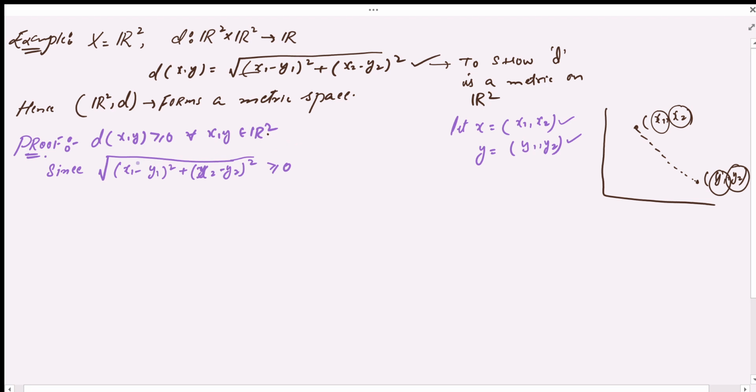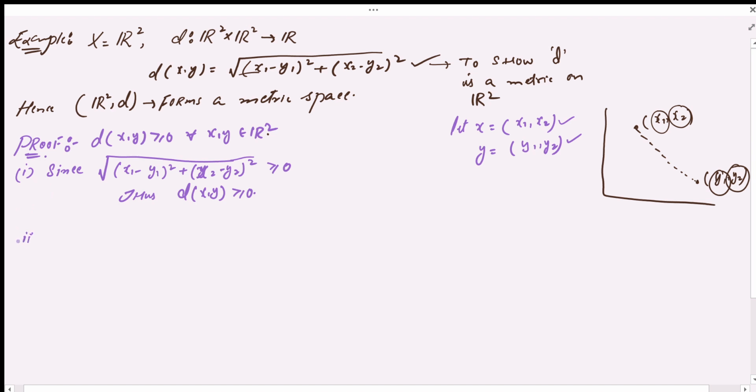Because under the root is the sum of two positive terms, this is a positive term and this is a positive term, and whenever we have two positive terms, the sum cannot be less than 0. Whatever values you put for x1, y1, you will always get it greater than or equal to 0. So thus, very simply, d(x, y) is greater than or equal to 0. This was the first condition.